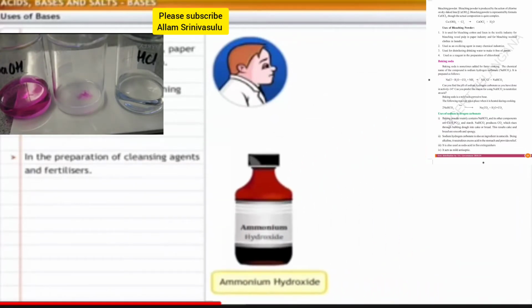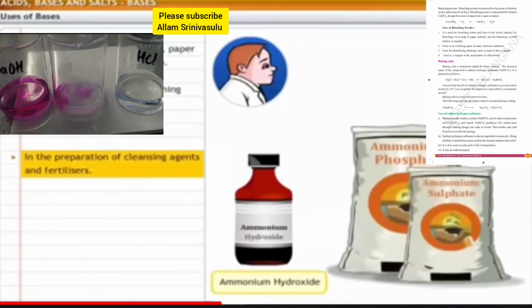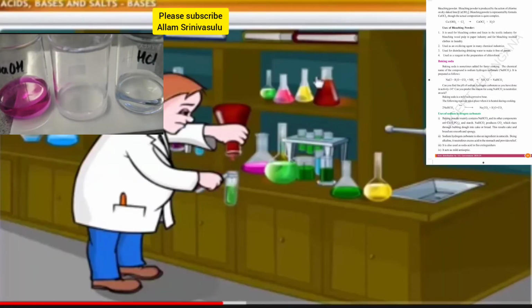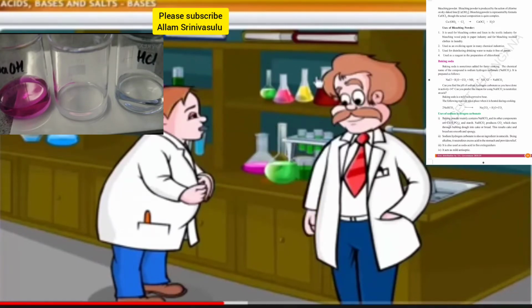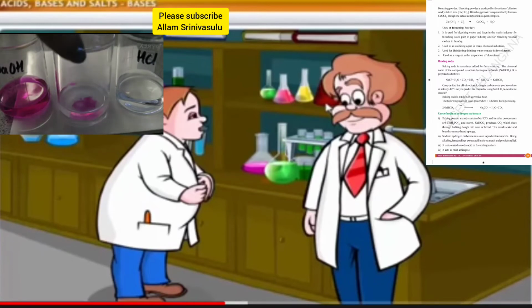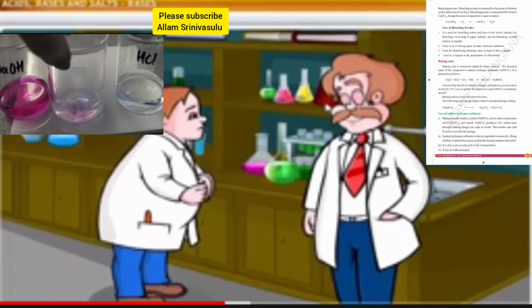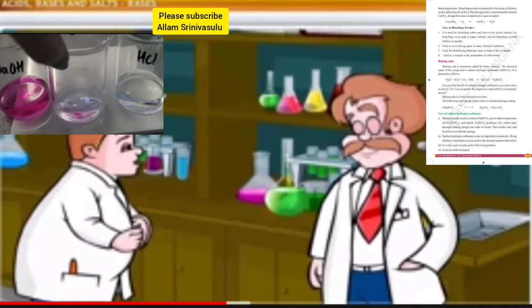Ammonium hydroxide is used for making ammonium phosphate and ammonium sulfate. If you take an excessive amount of food, it causes stomach pain, irritation, and you don't feel well. So for stomach pain, use an antacid tablet or antacid jelly.